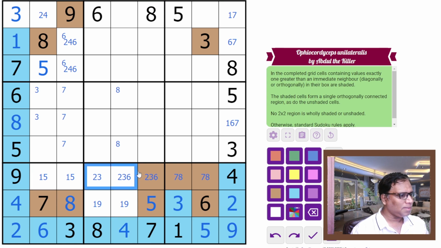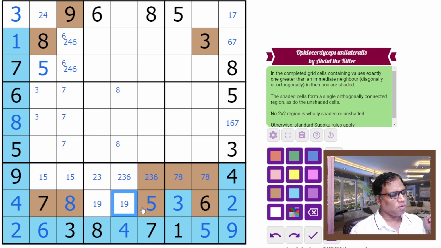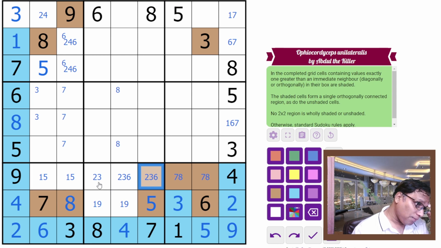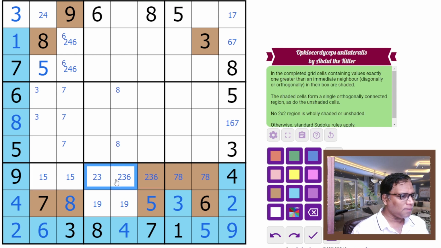4 is light, 3 is dark. Okay. I am not sure if we can do anything more. 6 is here, so 6 is definitely dark. In fact, all these are dark. Can I say that? Because 2 is here, which is dark. 3 is somewhere. No, that's not possible, right? Yeah, so they all are dark, right?